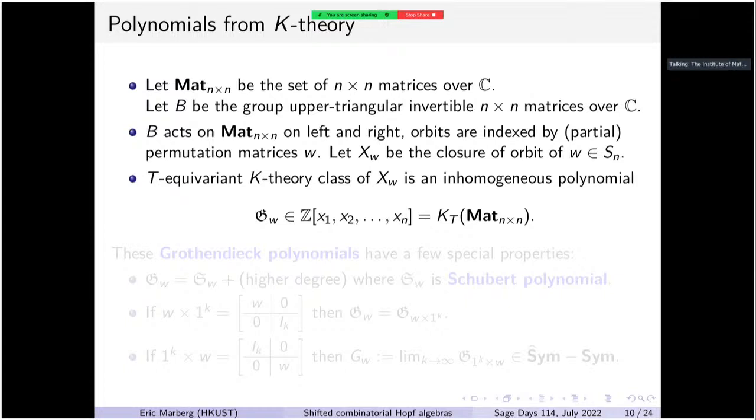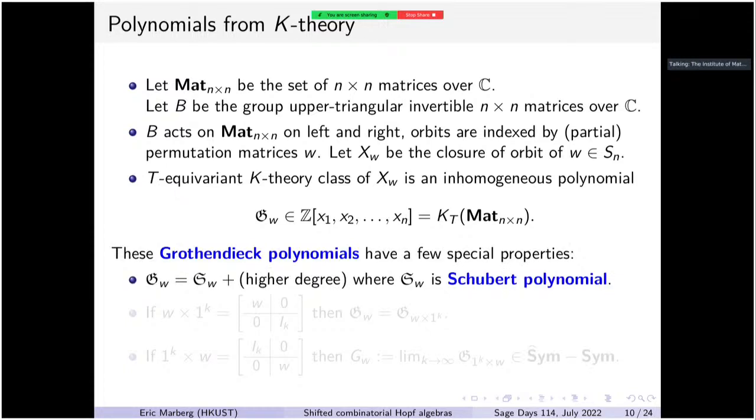Unlike the story we tell about the flag variety, if you're familiar with Schubert calculus, there's no quotient by an ideal here. The K-theory class is literally an explicit polynomial. And maybe I've secretly made some variable changes just so things work out nicely. But this is unambiguous. And this story is from Knutson and Miller's work.